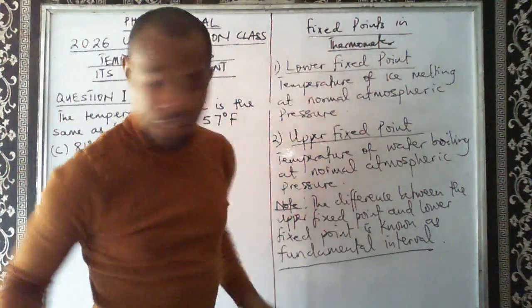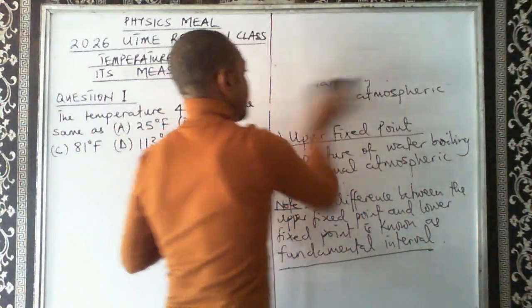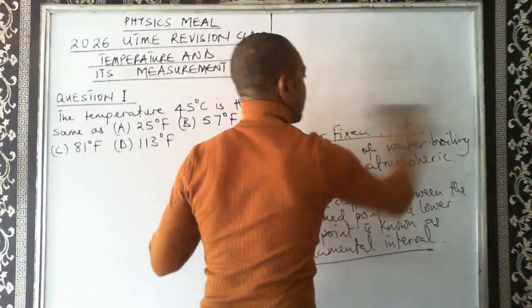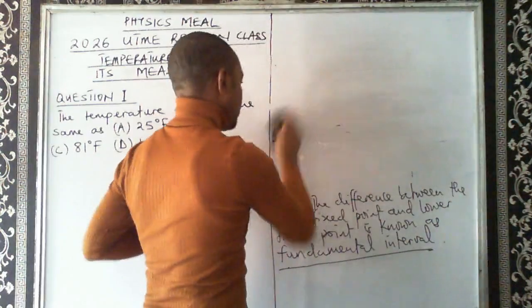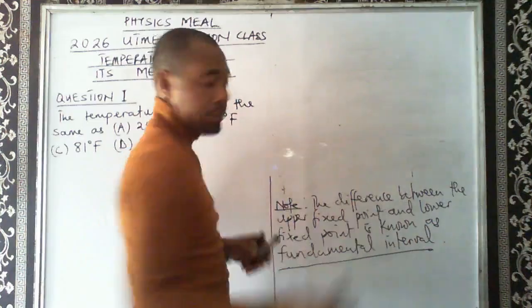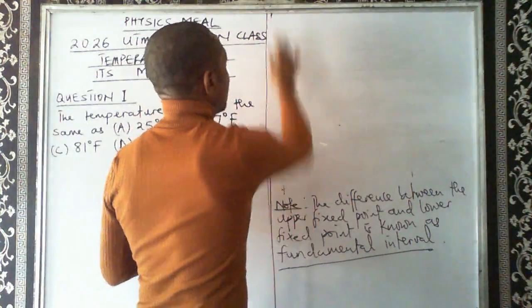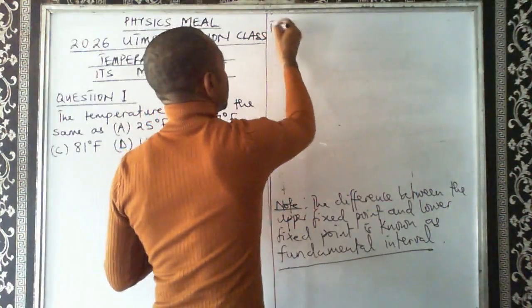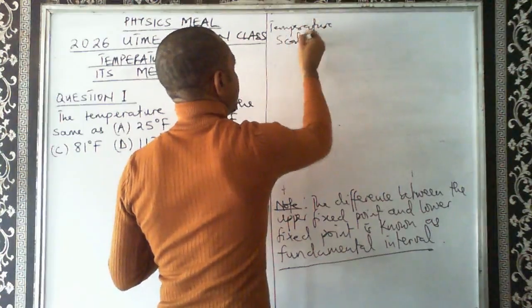So let's look at the upper fixed point and lower fixed point of different temperature scales together with their fundamental interval. I wrote this last, so I'm not going to clear it for now. Let's see, we have temperature scales here.